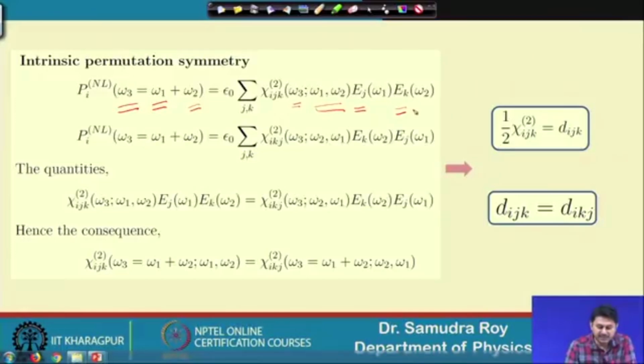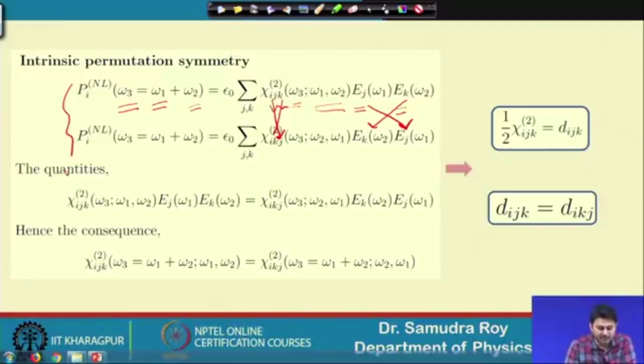Now, if I interchange the i and j component, then we will have a similar expression. So, here what we are doing is changing the ith and jth component. If I change the ith and jth component, then these terms will also shift their location, but on the left hand side we have the same quantity again.